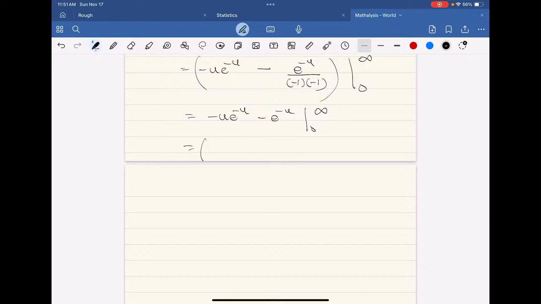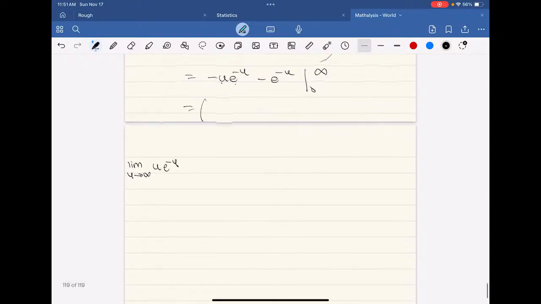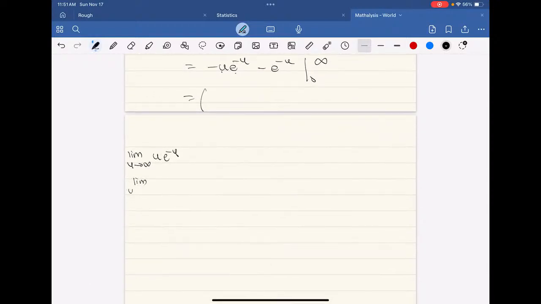At infinity, notice that over here u will go to infinity, but e to the power minus infinity will go to 0, right? Now in this case, for such expressions where there is doubt, you need to use limits. So we are trying to see as u goes to infinity, what is the value of u times e to the power minus u? Now I can write this as u divided by e to the power u.